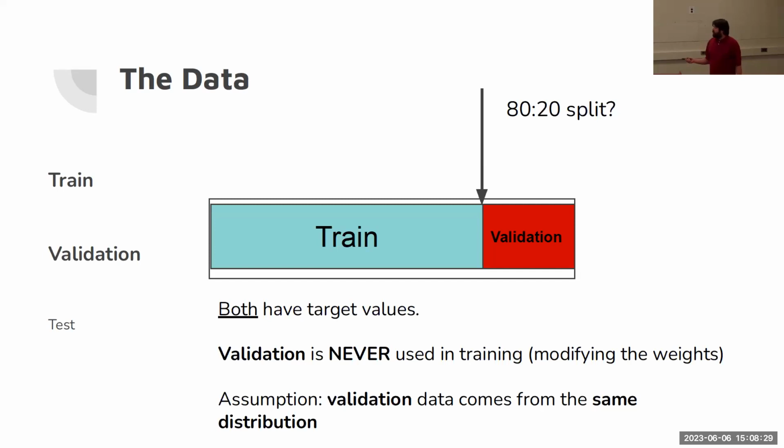There is an assumption baked in here. It often goes unsaid. The validation data comes from the same distribution. What I mean by that is if I have a training set that's full of cats and dogs and my validation set is full of lizards, things won't go well because lizards aren't from the same distribution. It's nothing like the images that he sees.